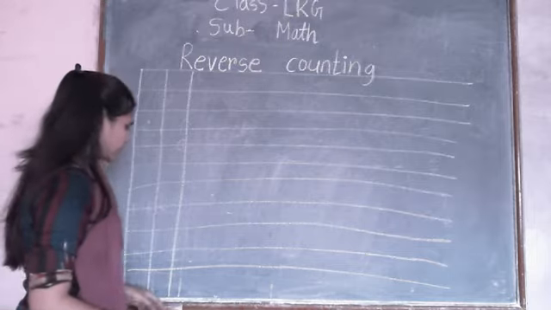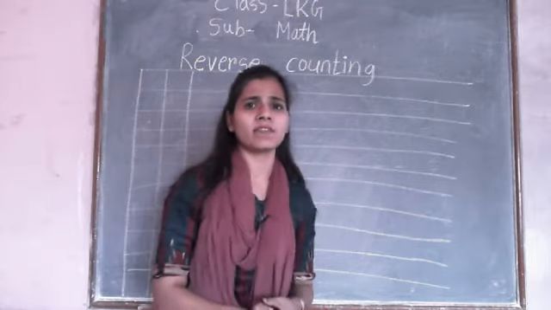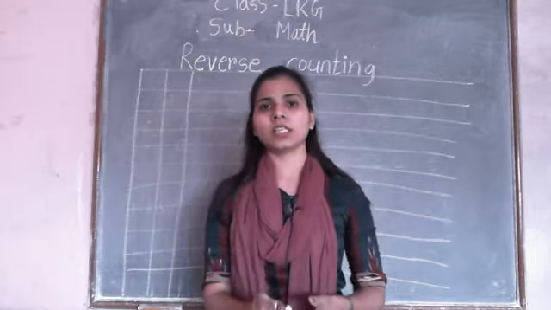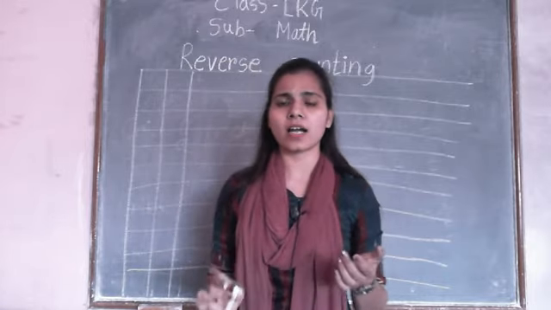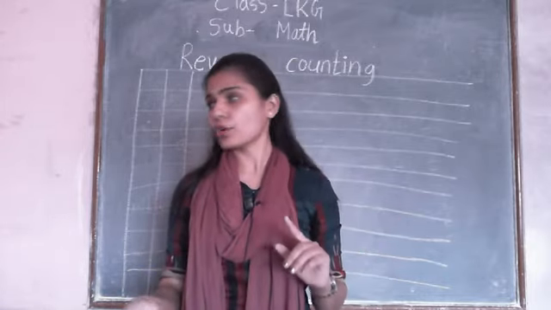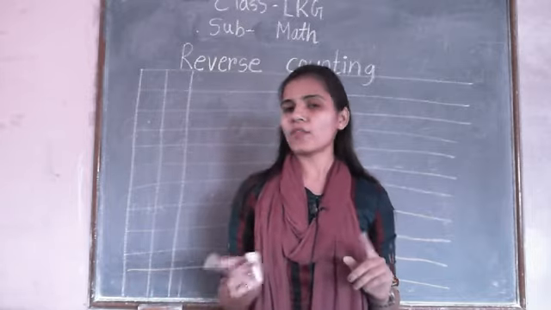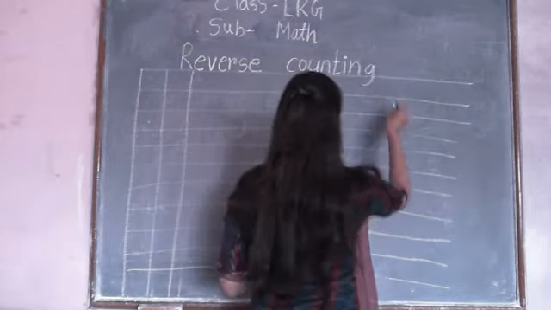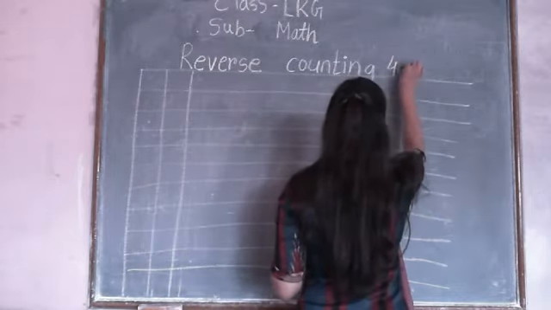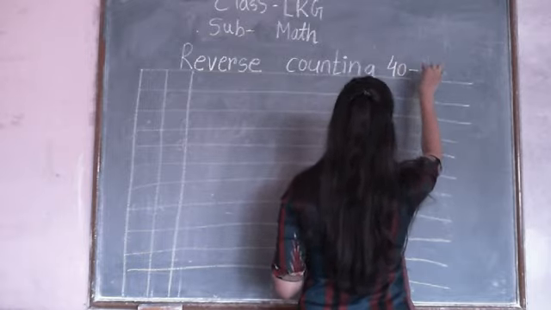Now reverse counting. In your previous video we have done 30 to 1. Okay, reverse counting 30 to 1. So now we will start 40 to 1. 40 to number 1. Okay. So write here 40 to 1.